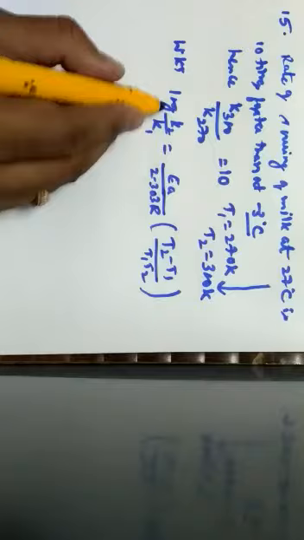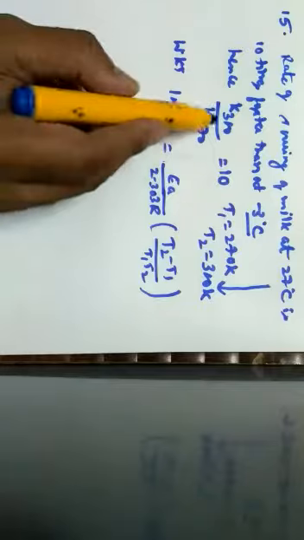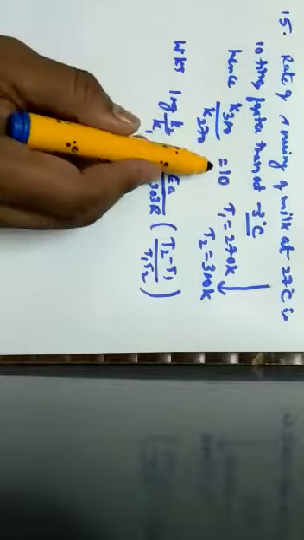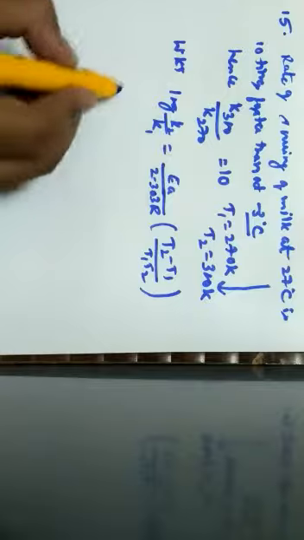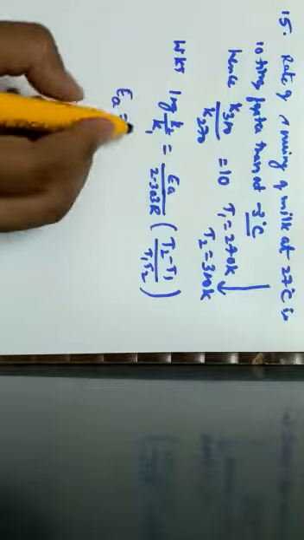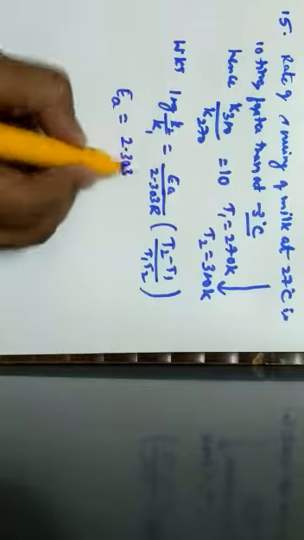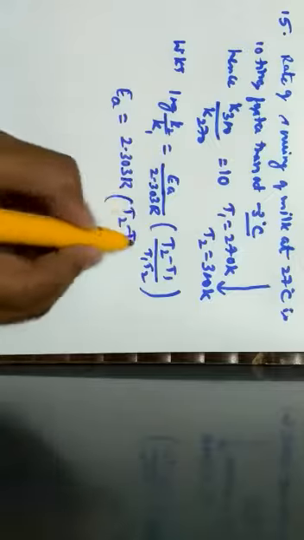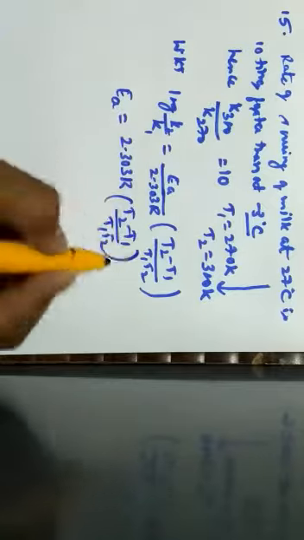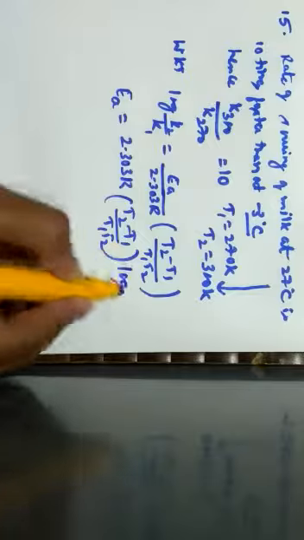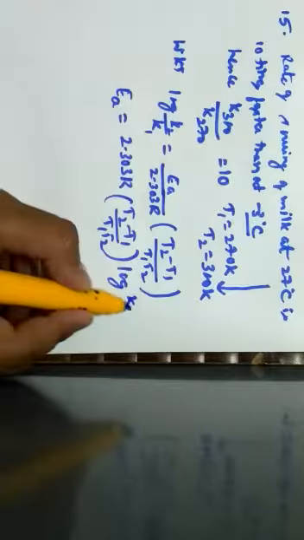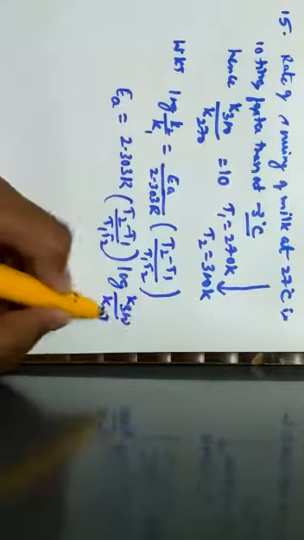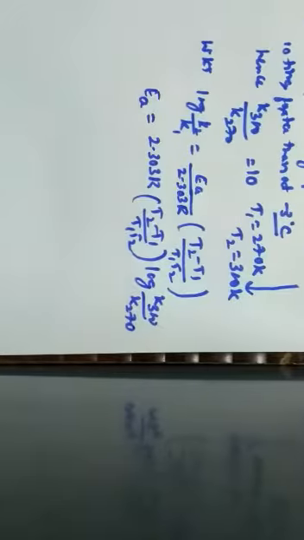Hence, on substituting, K2 by K1 is 10. Therefore, I rewrite this equation as EA is equal to 2.303 into R into T1 T2 divided by (T2 minus T1) into log of K2 by K1, that is K at 300 by K at 270.